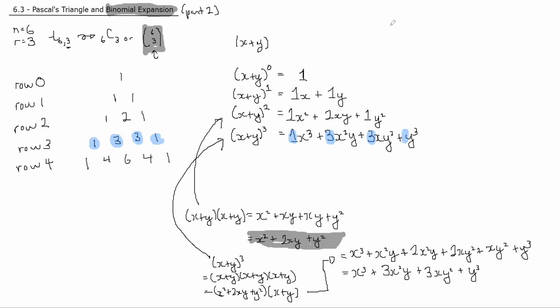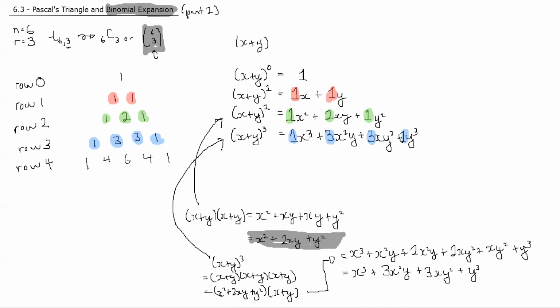I forgot to write that in, didn't I? Okay, let's use a different color. Let's try green. I have 1, 2, 1. If I have 1 and 1, I would have 1 and 1, so on and so forth.